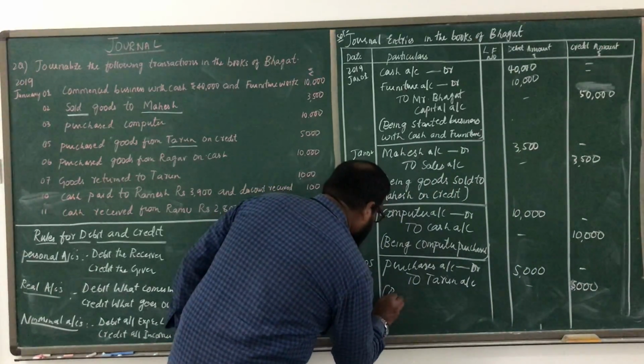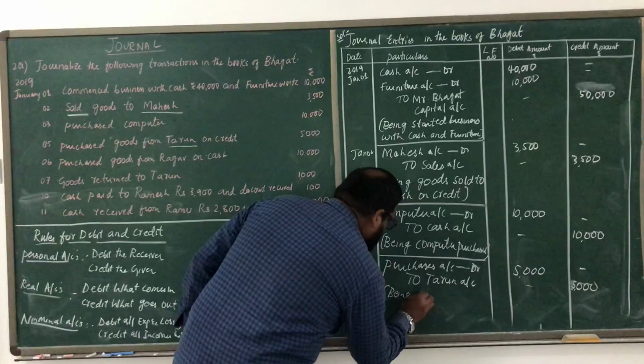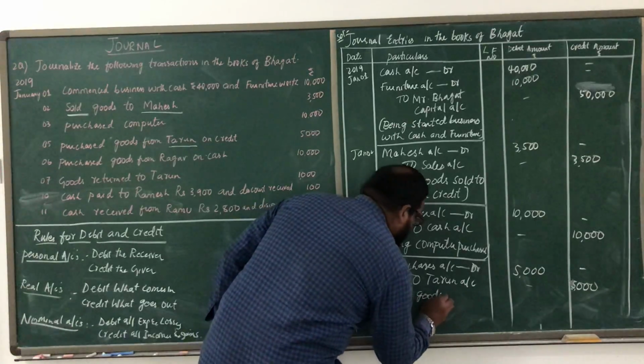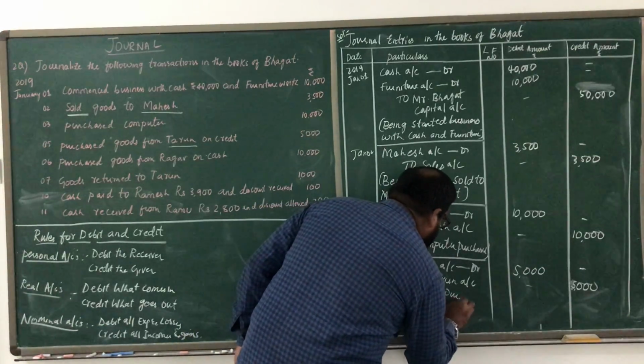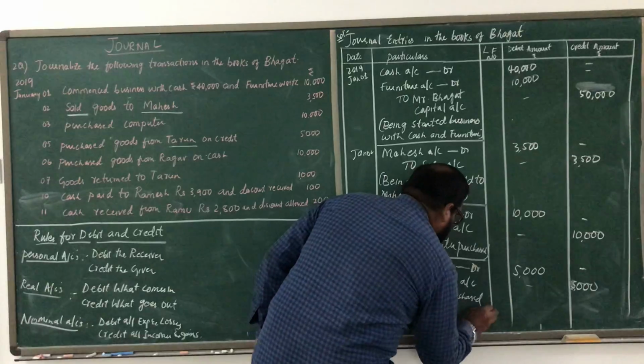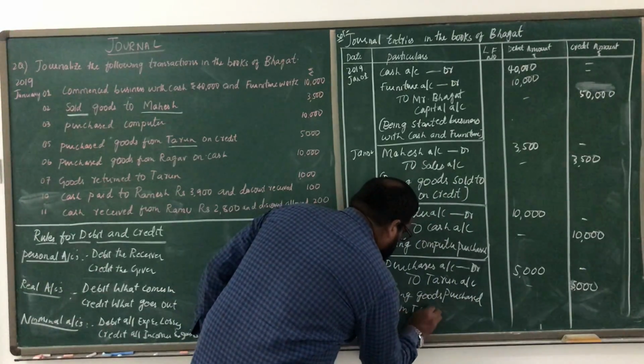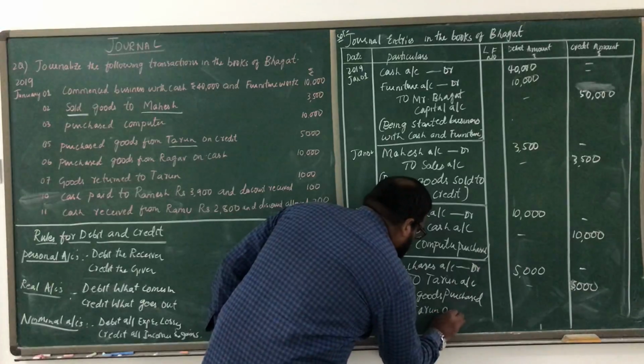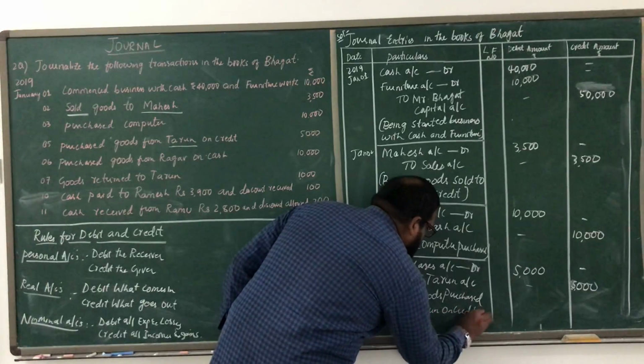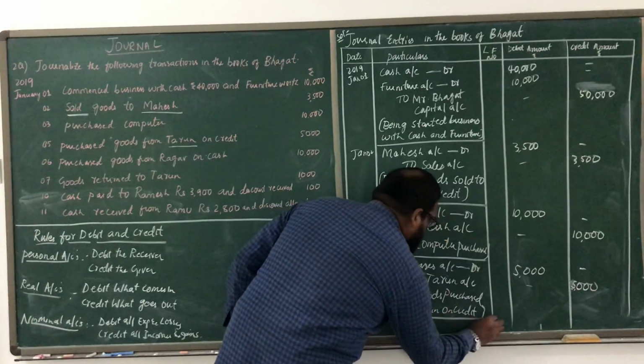The narration is being goods purchased from Tarun on credit. This transaction is complete.